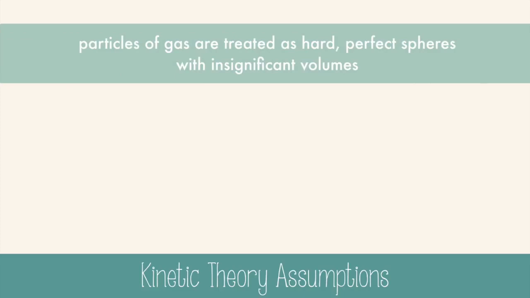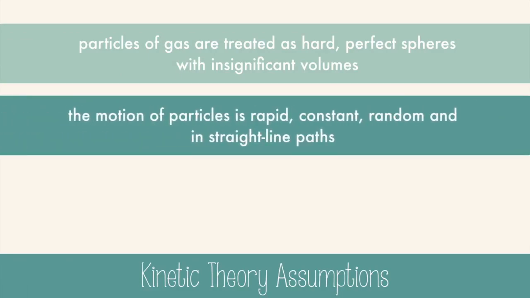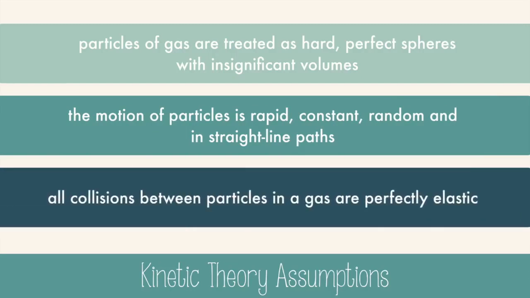This means that between the particles of a gas, there will be lots and lots of empty space. These particles are also moving in constant, random, and rapid straight-line paths. They only change their direction when they collide with an object or particle. And the third assumption is that all collisions between particles in a gas are perfectly elastic, meaning no energy is lost. It's merely transferred during a collision.